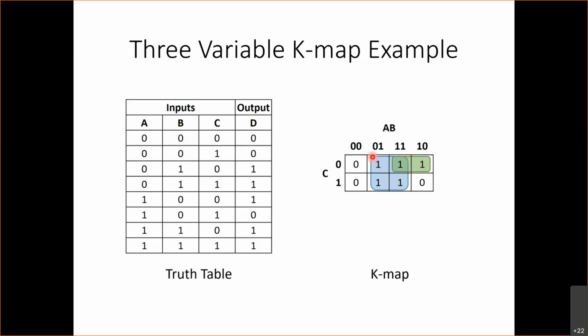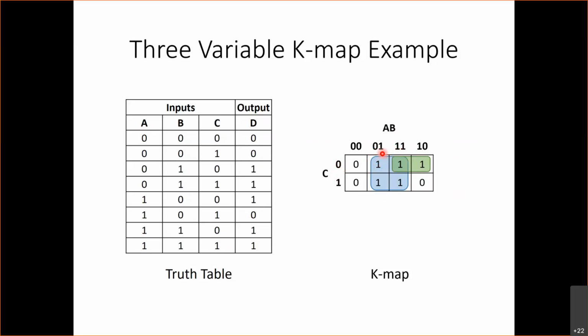So what does the blue rectangle represent? It represents A bar and B plus A and B, or A and B. Here the blue rectangle does not care if C is 0 or 1. But another important thing, for the blue rectangle, it does not matter if A is 0 or 1.